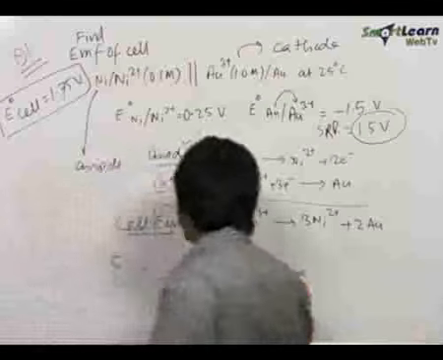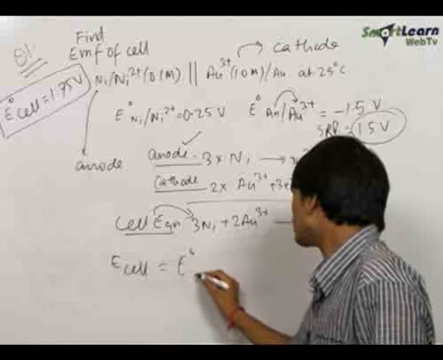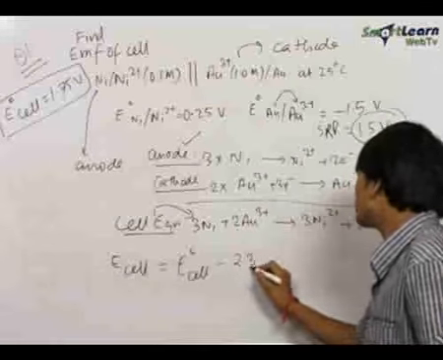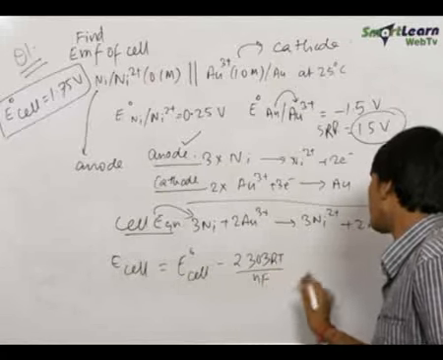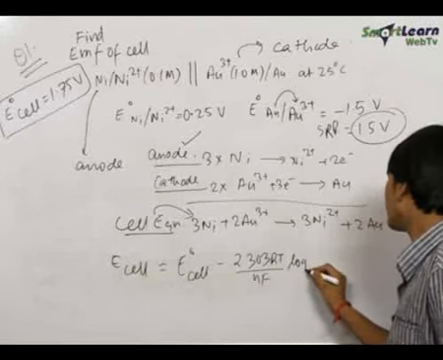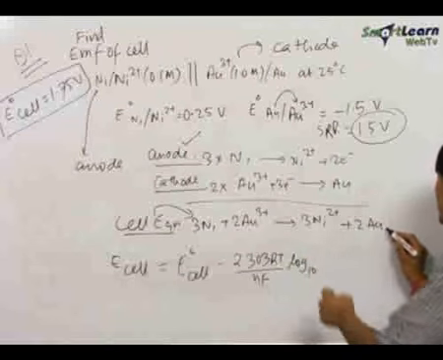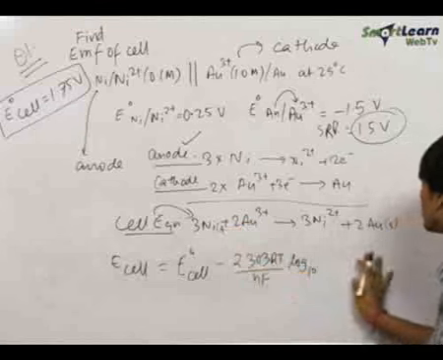So with all this information you can write the Nernst equation. E cell is equal to E naught cell minus, the formula is 2.303 RT upon NF into log of base 10 the concentration of the products upon reactants. Now since these are in solid state, we need not write their concentrations, which is constant.